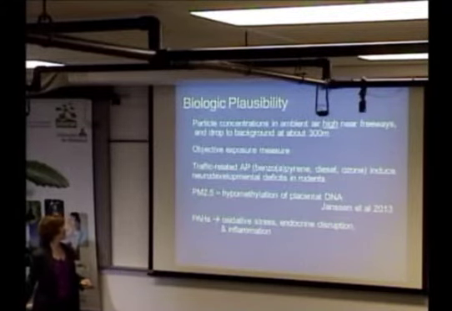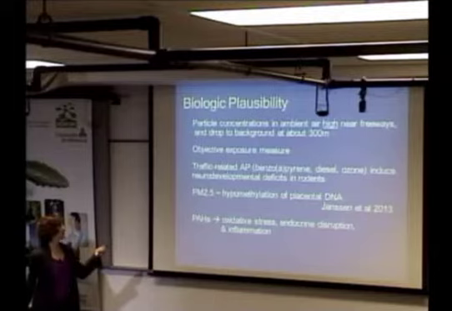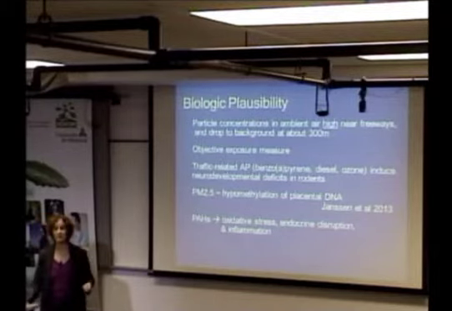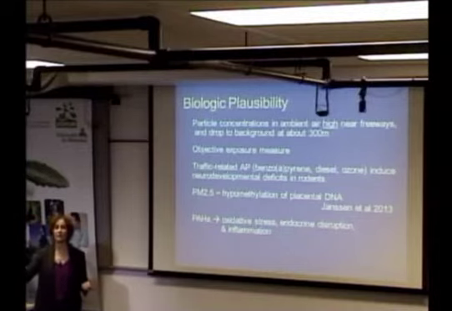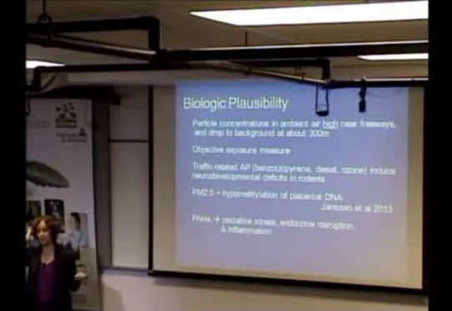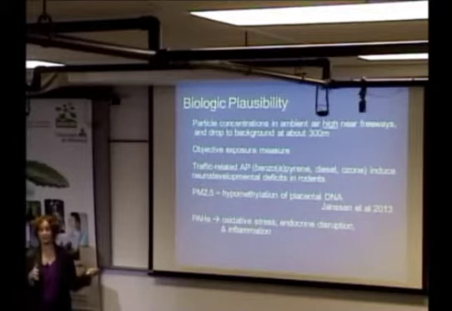As far as biological plausibility goes, we have an objective measure of exposure, and the particle concentrations are actually known to be highest when you're really close to the freeways. It drops off to background levels at about 300 meters, which was the cut point for our top group.